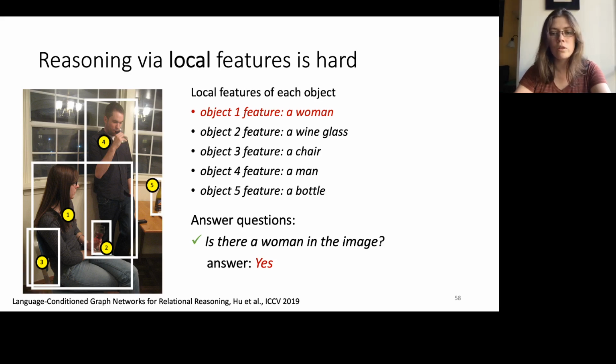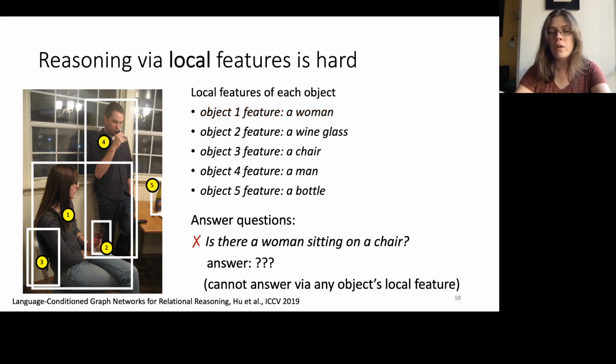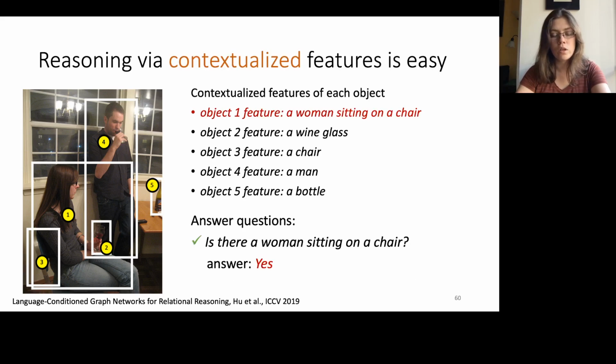However, the question is the woman sitting on a chair? No single local feature will give us an answer. We need to look at this woman, look at the chair, and understand whether the relationship is satisfied. So we want to contextualize our features, for example, a feature of a woman with respect to the chair, to answer this question.